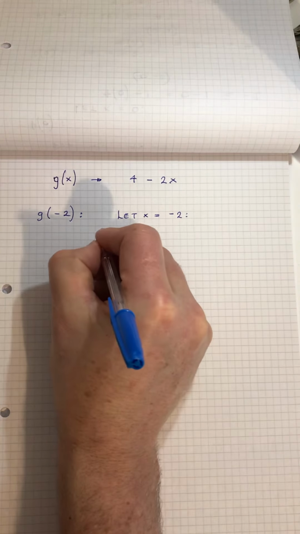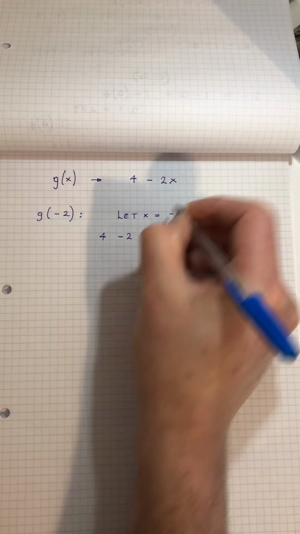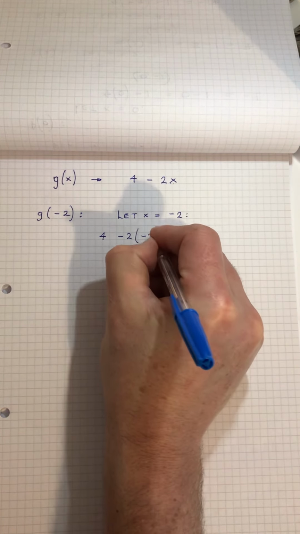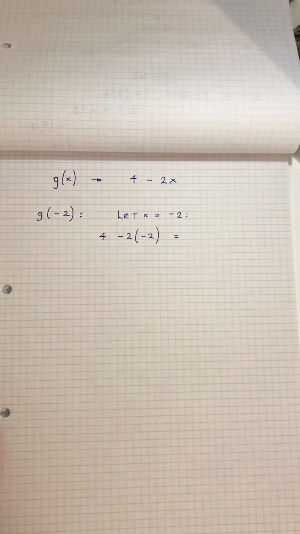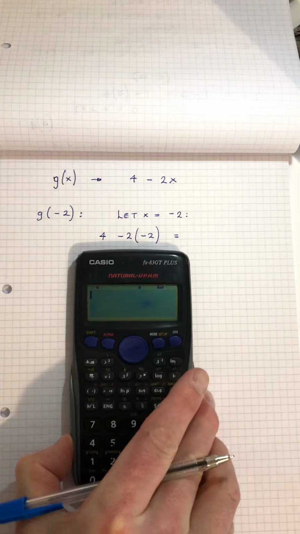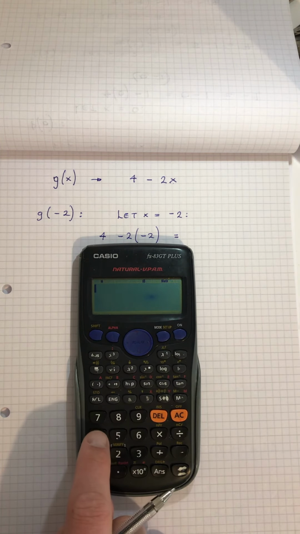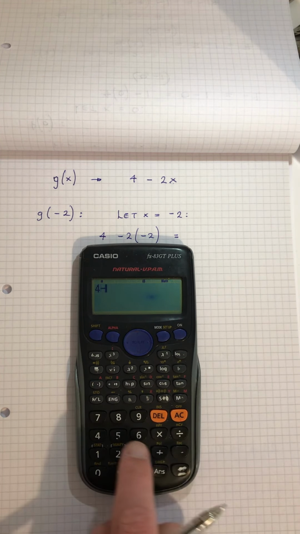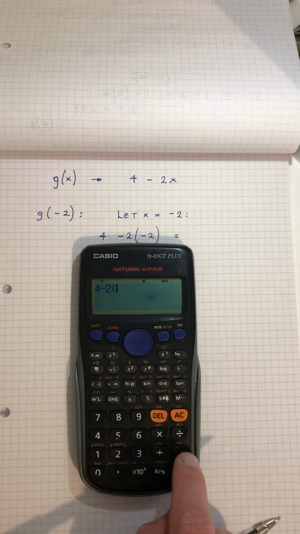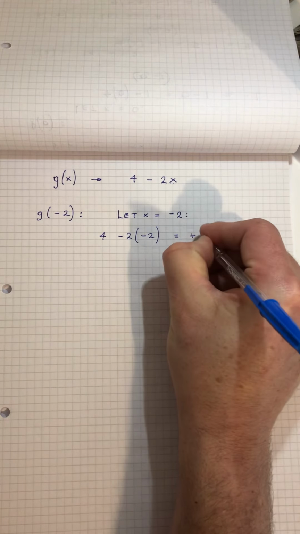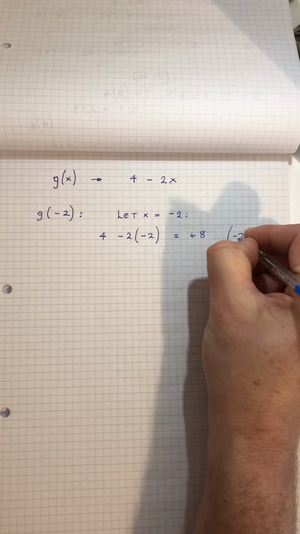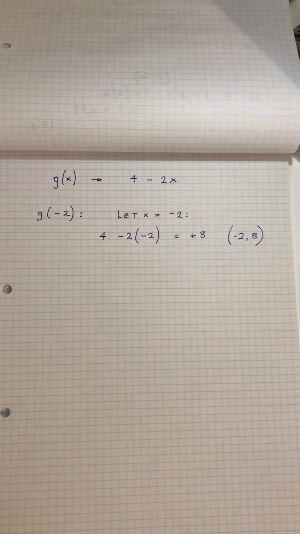So you get 4 minus 2, and x is going to be minus 2 in brackets, which would be equal to, use your calculator again, be careful with your signs, 4 minus 2, open the bracket, minus 2, close the bracket, equals plus 8. So when you put in minus 2, you get out 8.